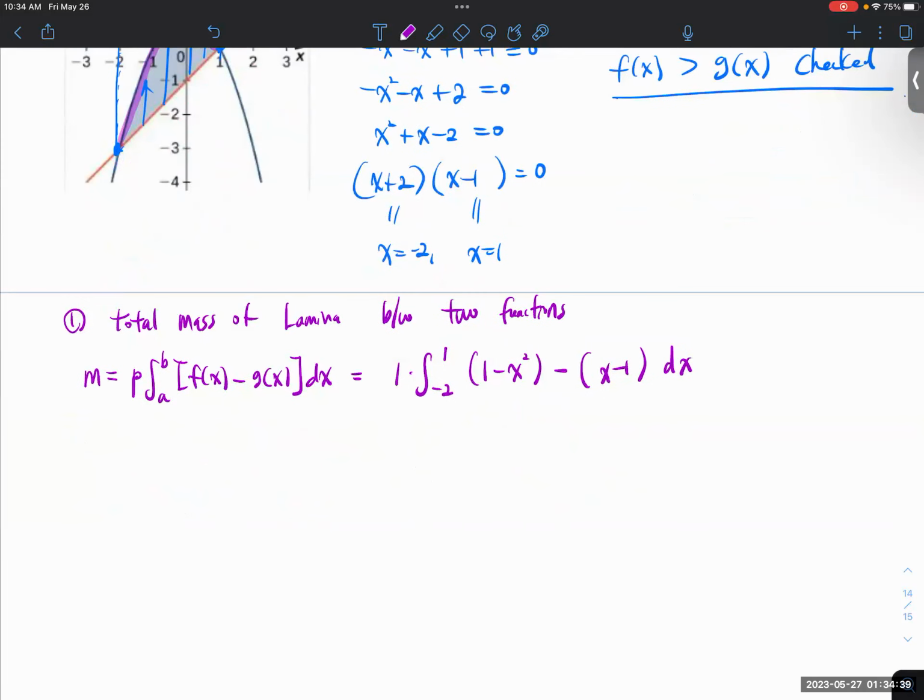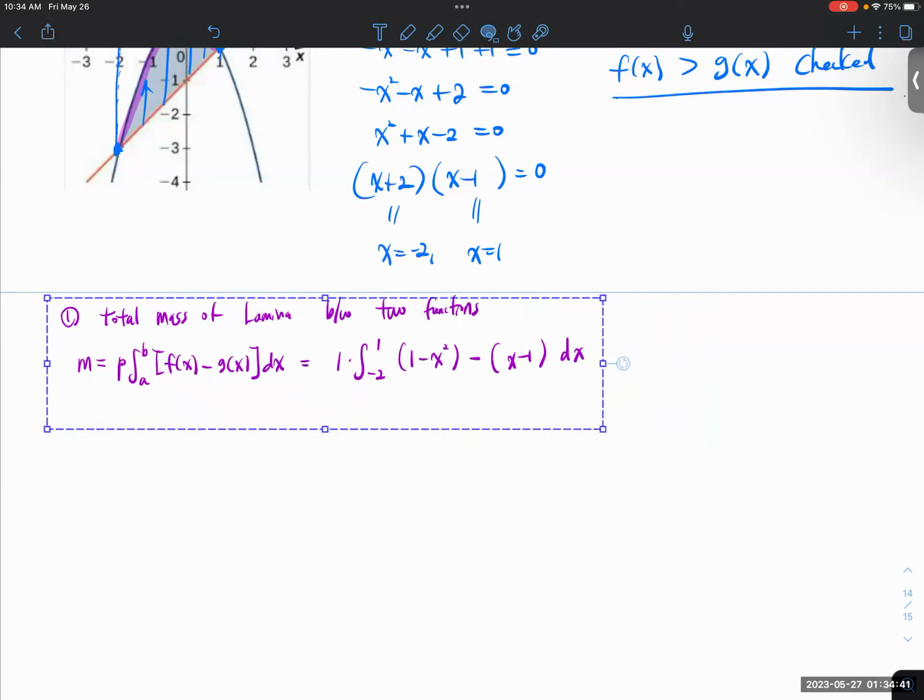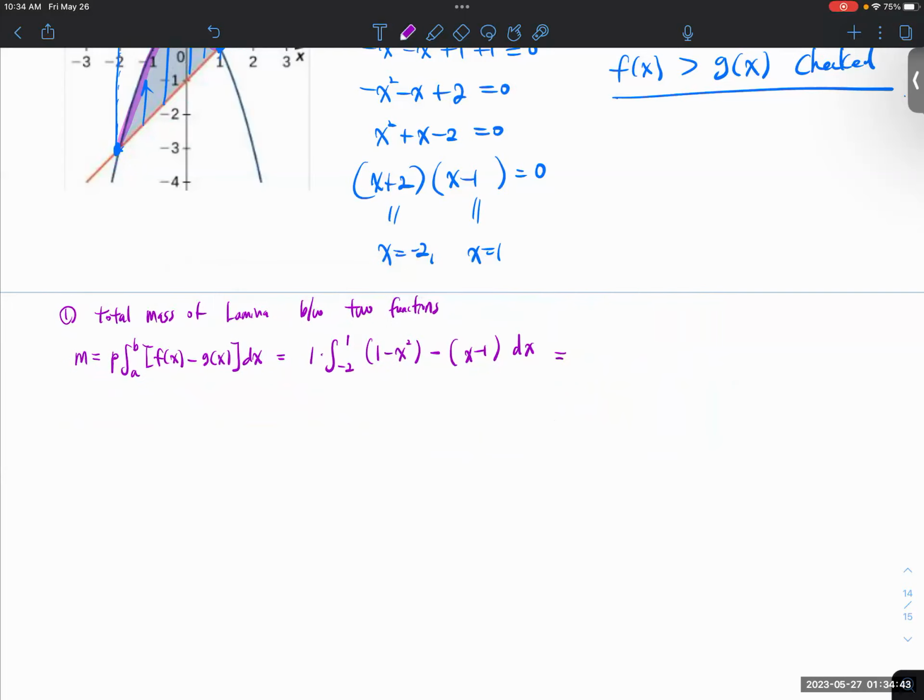So I'm going to simplify as much as I can. So this means the integral from negative 2 to 1 of 1 minus x squared, and you're going to do the distributive property, minus x plus 1 dx. So take the integral: x minus x cubed over 3, minus x squared over 2, plus x, from negative 2 to 1.